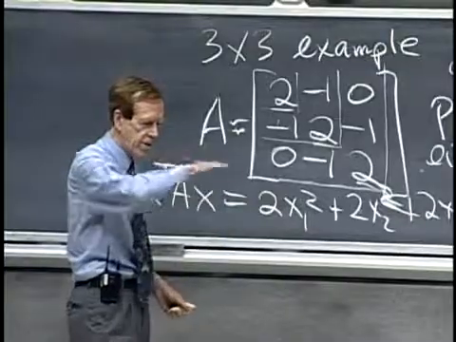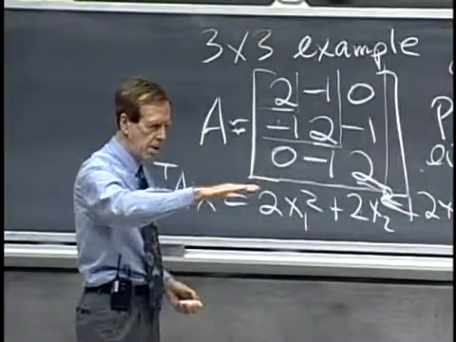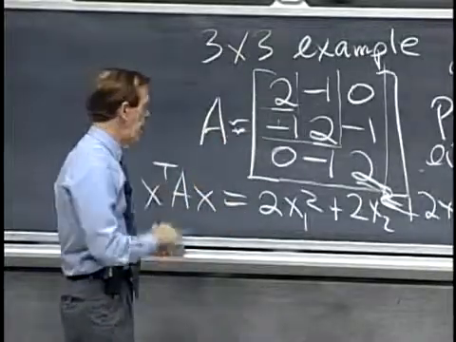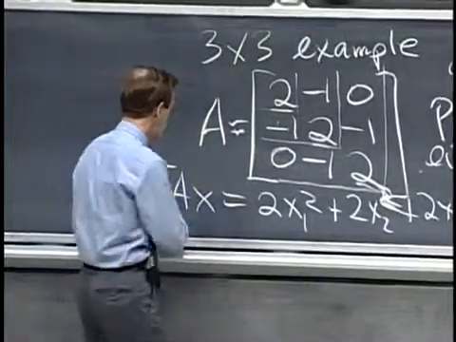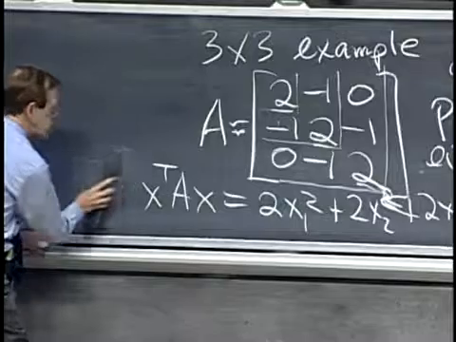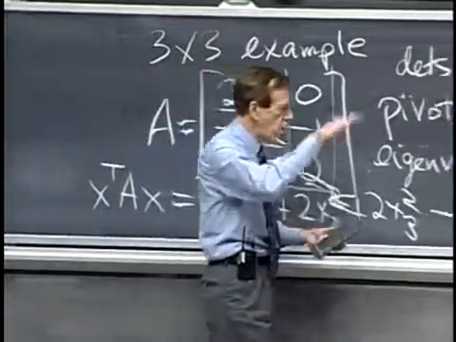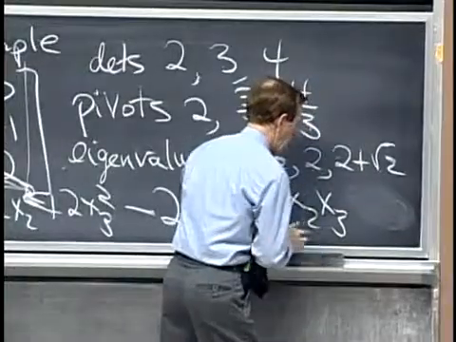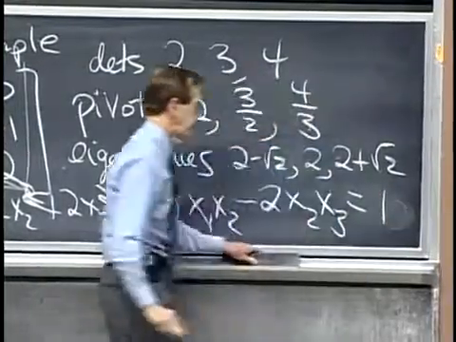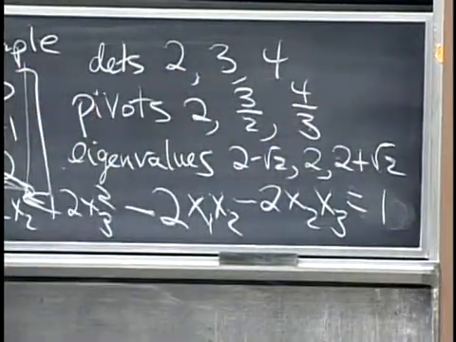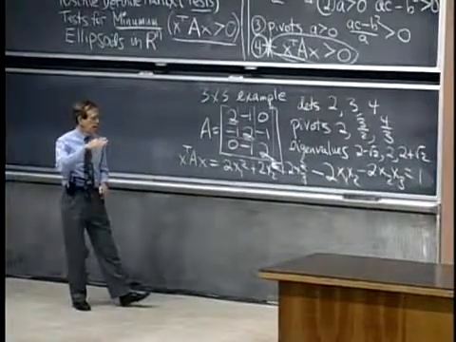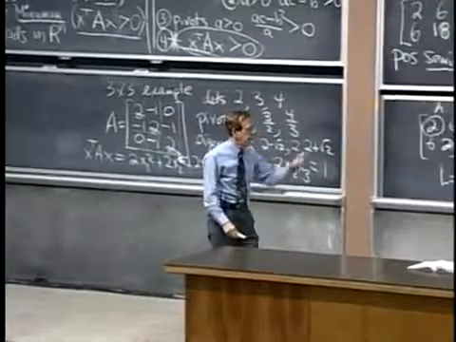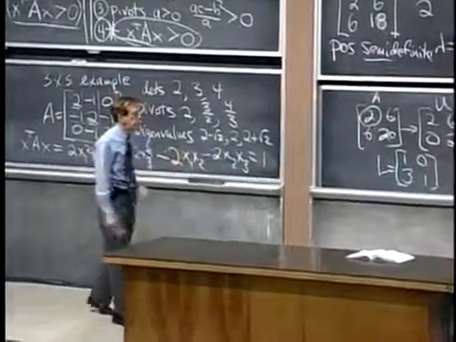But now if I cut through this 4-dimensional picture at level 1, so suppose I cut through this thing at height 1, so I take all the points that are at height 1, that gives me, it gave me an ellipse over there in that 2 by 2 case.